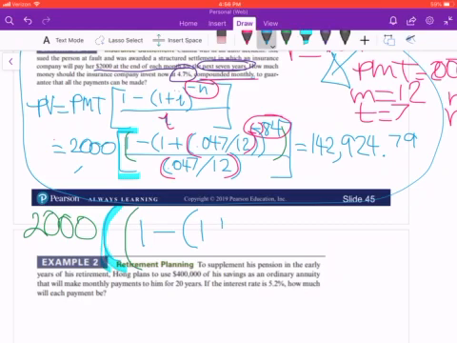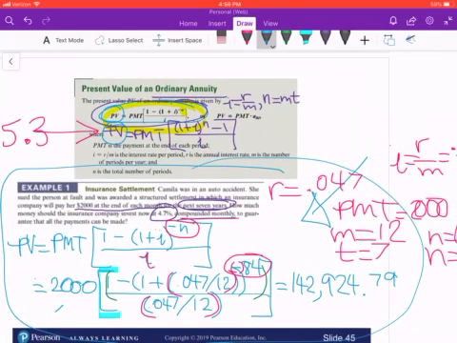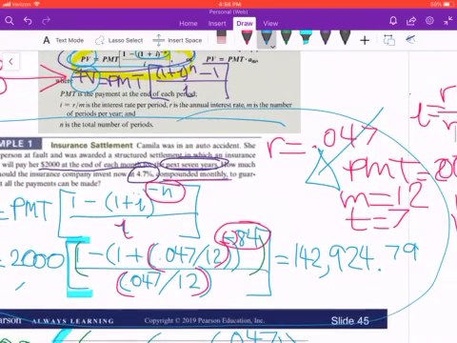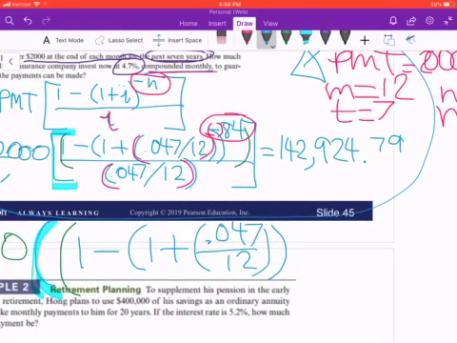So it will be 1 plus, and then for the rate, that will be 0.047 divided by 12, close parentheses. We're going to close again because that's what we want to be raised to the power, in this case, 84. So I'm going to enclose that. And then we will use the exponent, and right there we will enter negative 84.